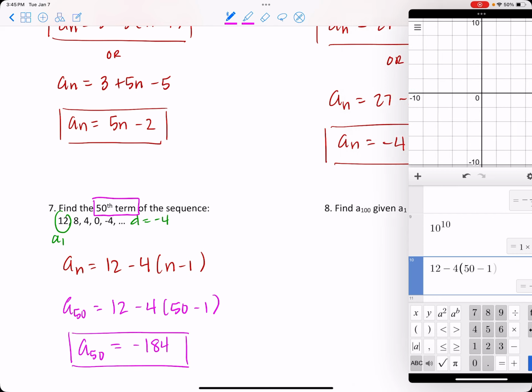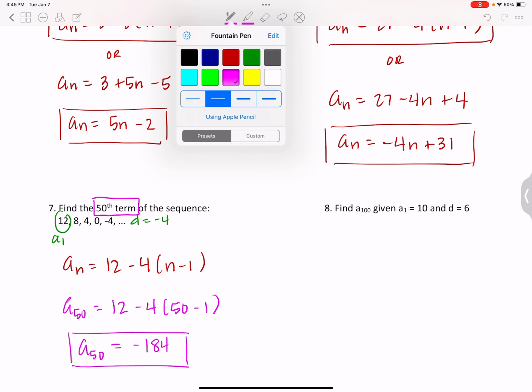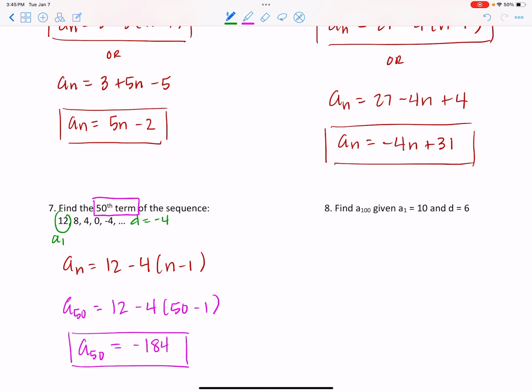Alright, and then last one, which if you want to try would be a good place to pause the video and give it a shot. Otherwise, let's just knock this out. I'm looking for the 100th number on a list here. Well, the list starts at 10, and then 6 is being added to continue that list. So the general term here would be 10 plus that difference of 6 times n minus 1.